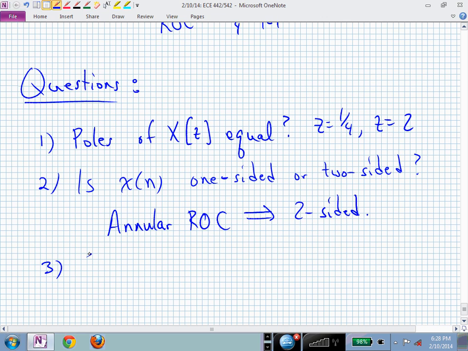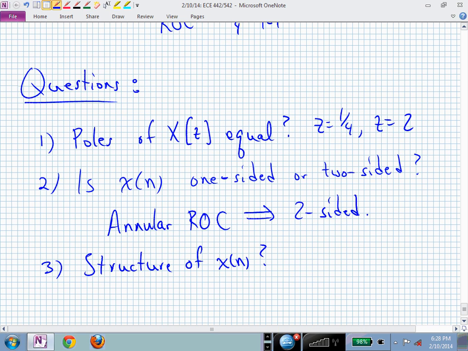3. You walk into your boss's office and he says, I've been scratching my head on this capital X of z. What's x of n look like? What's the structure of the time domain sequence?